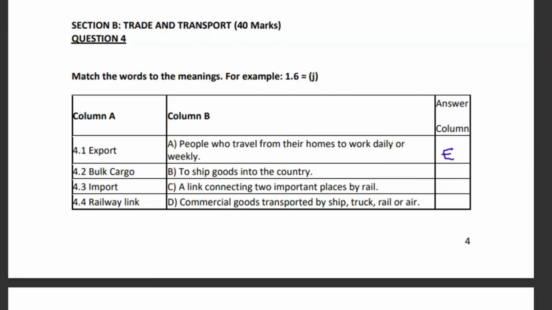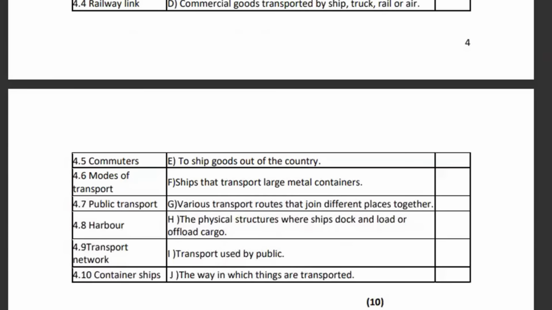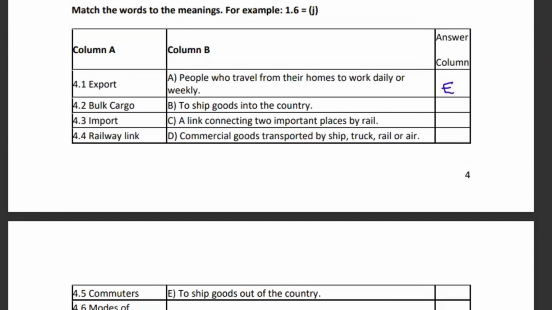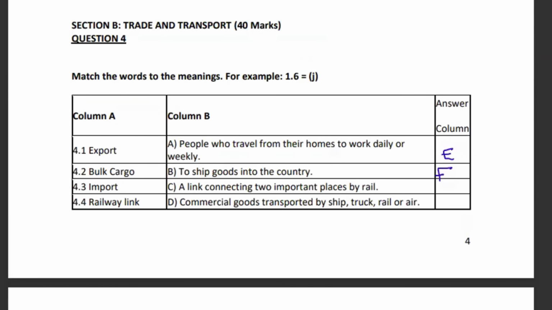What are bulky cargoes? Bulky cargoes go for F: ships that transport large metal containers. Then we have imports. Imports are to ship goods into a country; you are importing goods that are bought.